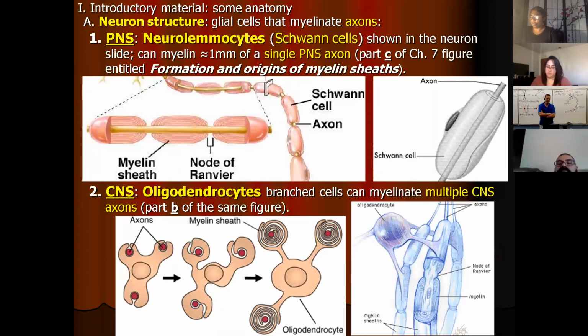It is like the faithful wife. Here is the oligodendrocyte, the myelinating cell in the CNS, because there are so many axons packed densely in the brain and spinal cord. An oligodendrocyte will branch and myelinate several axons.